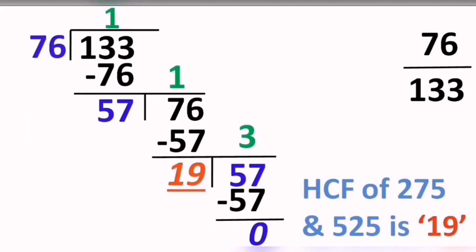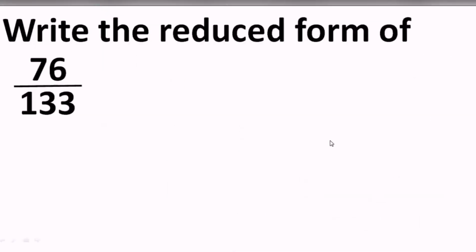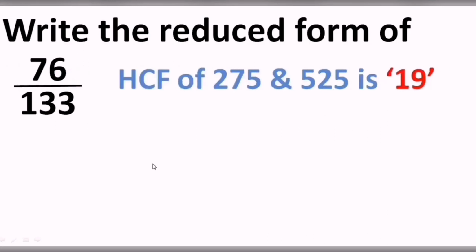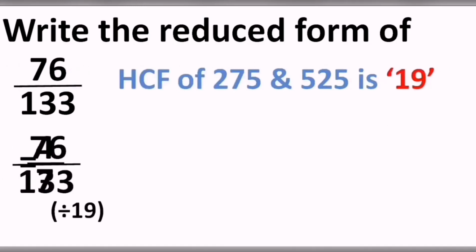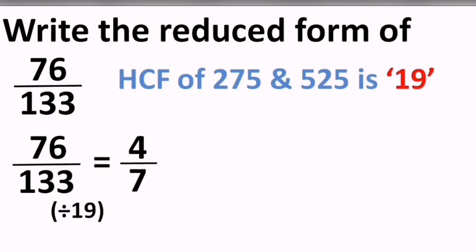Now as we got the answer 19 as the HCF, it is time to reduce the fraction. The reduction tells us that we have to divide this numerator and denominator both by 19, correct, as they have HCF 19, right? So divided by 19, what do we get? 19 4 za 76 and 19 7 za 133.